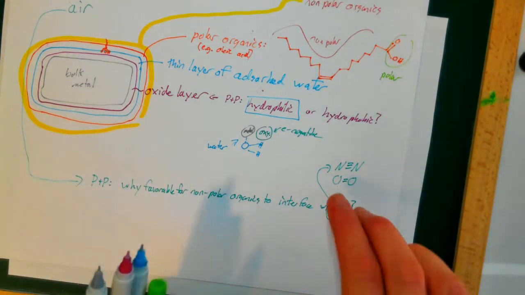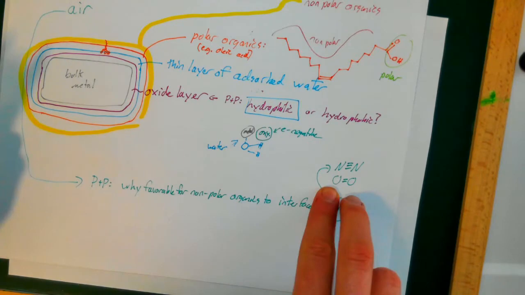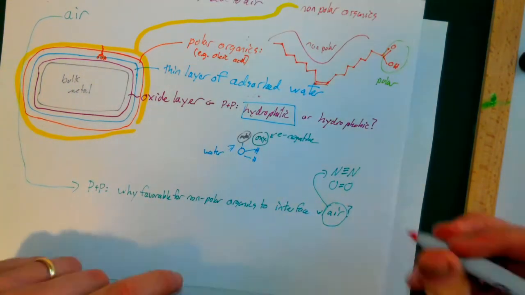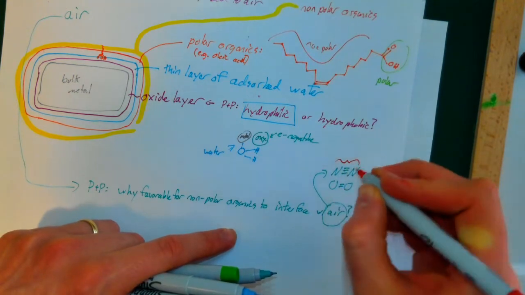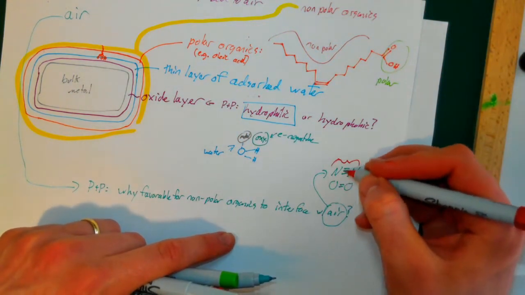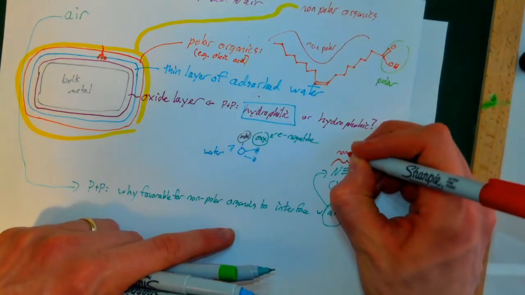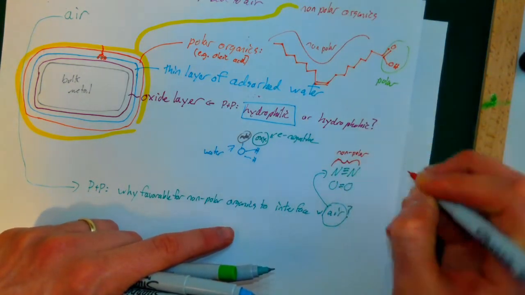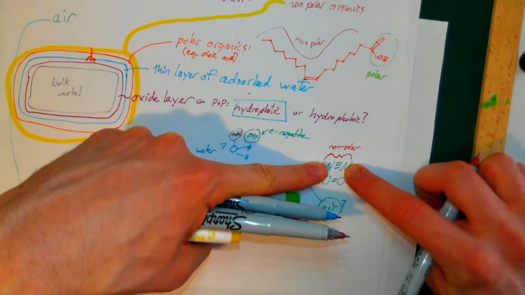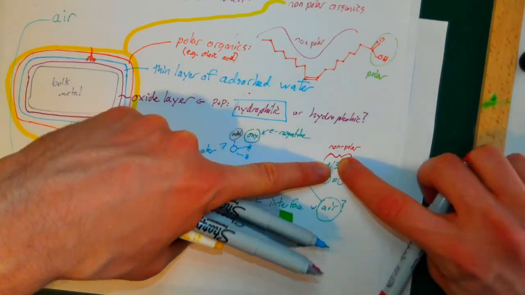And even though oxygen is electronegative, when it's diatomic like this, although nitrogen and oxygen are both electronegative atoms, both of these gases are nonpolar. Because when nitrogen is bonded with itself, they're each trying to pull those electrons towards themselves, but that ends up meaning that the bond is nonpolar.